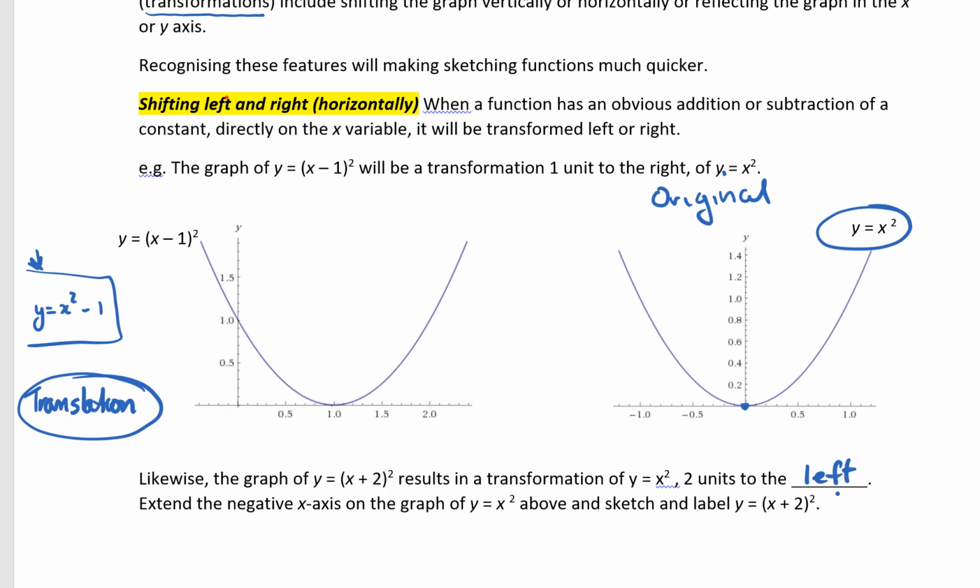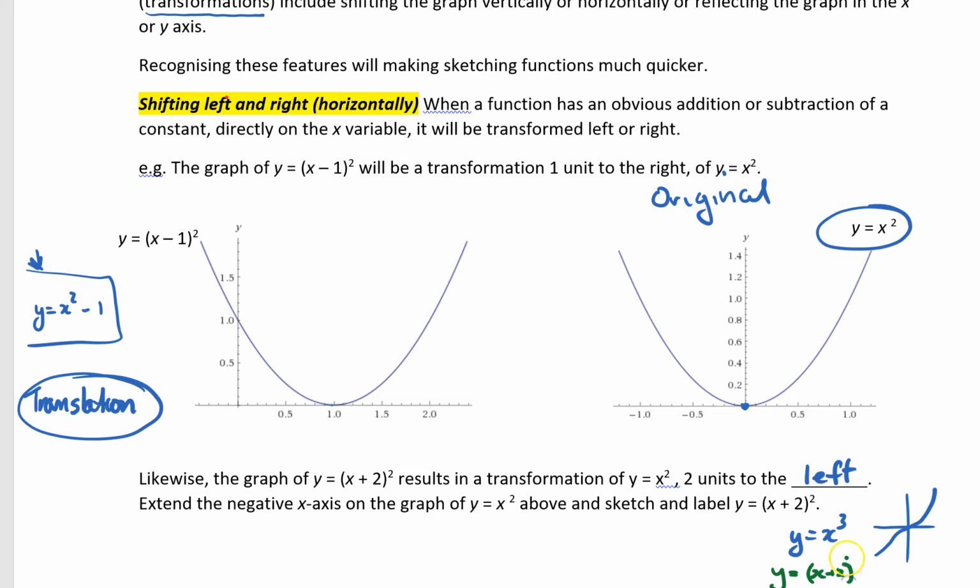Interestingly, if we had y is equal to x cubed, now we know that that sits here. If I was to be asked to graph y is equal to x plus 2 all cubed, the plus will move it back.